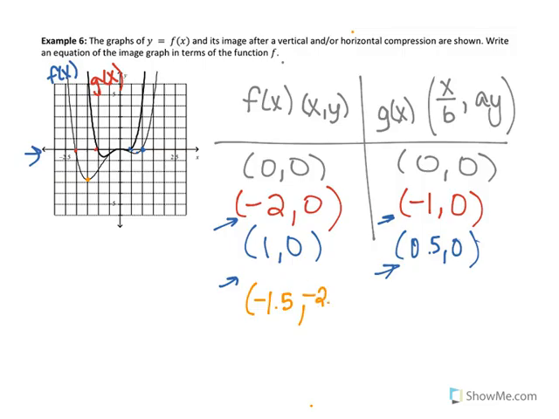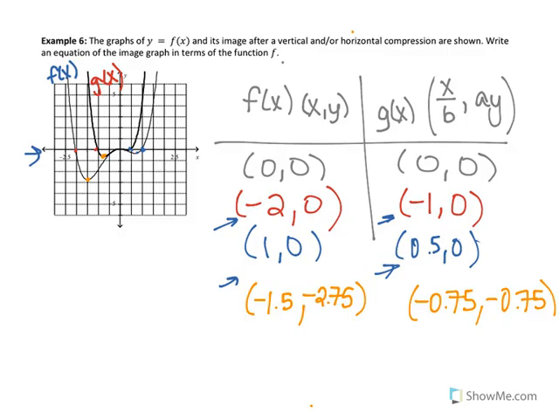Let's go -2.75. Maybe 2.8. It doesn't matter, it's close enough. The other point where it hits that is going to be at -0.75, it looks like. So half of that. And that also looks like about 0.75.